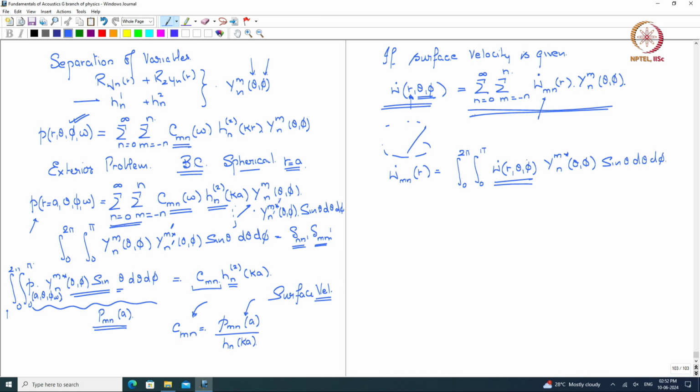That means this has been broken in terms of its spherical harmonics. That's why you have the spherical harmonic and its coefficient, when summed up, gives you the velocity at a fixed radius r.